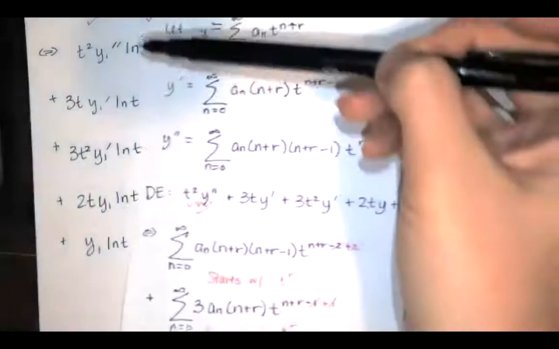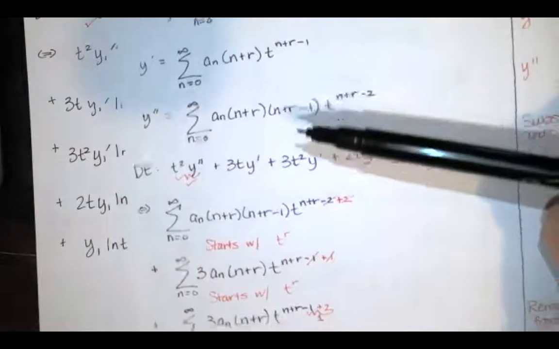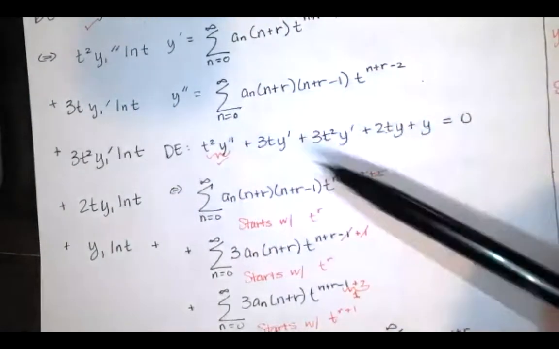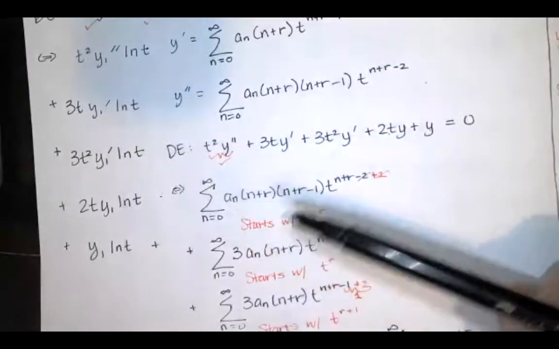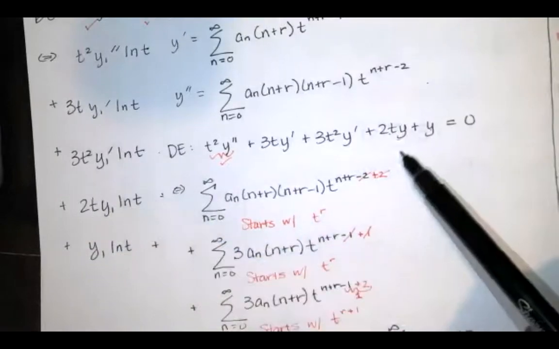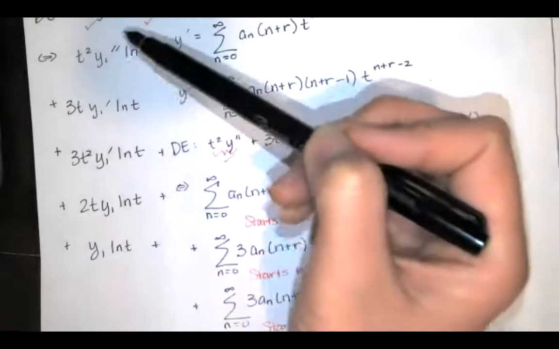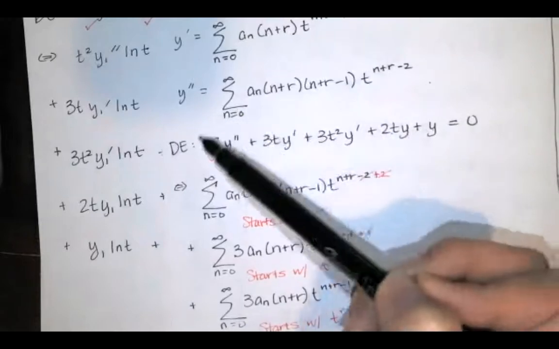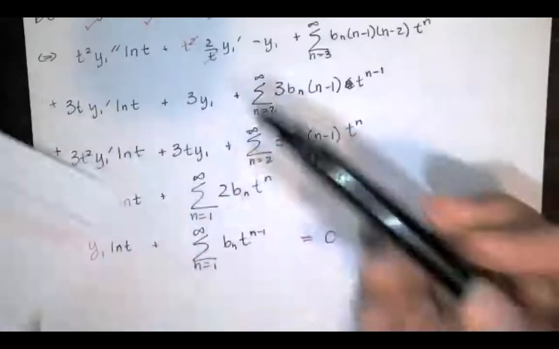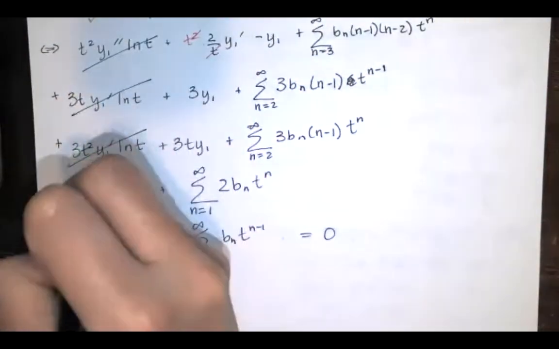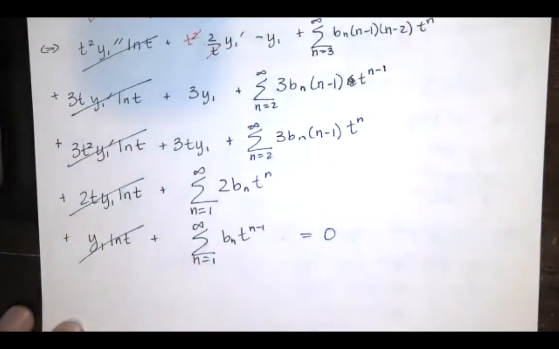If I factor out the natural log of t, I've got t squared times y sub 1 double prime plus 3t times y sub 1 prime plus 3t squared times y sub 1 prime plus 2t times y sub 1 plus y sub 1. So this column, if I just add those together, is this times natural log of t. But since this evaluated at y sub 1 equals 0, that means all of these guys are gone. These cancel because y sub 1 is a solution to the differential equation.